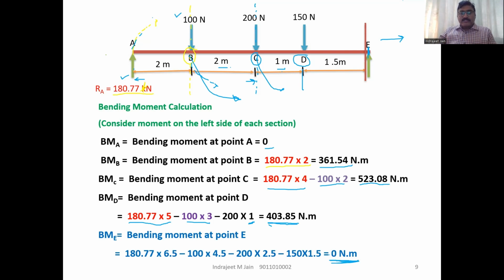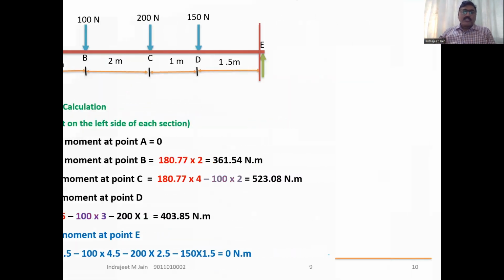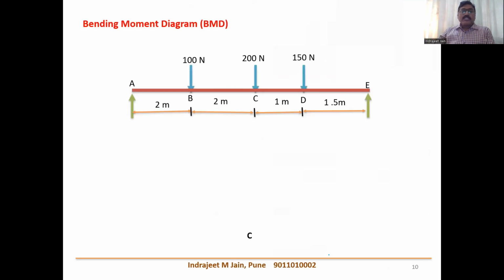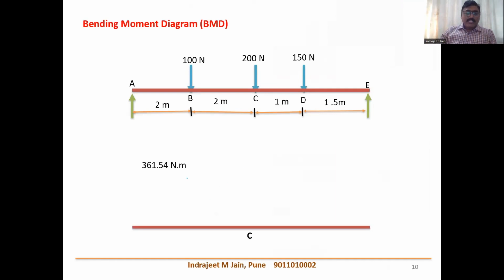Based on these values, we'll draw the bending moment diagram. Now see here, this is the beam. Parallel to beam AE, we'll draw a line, and we know that at point A the bending moment is 0. And the bending moment at point B is 361.51.